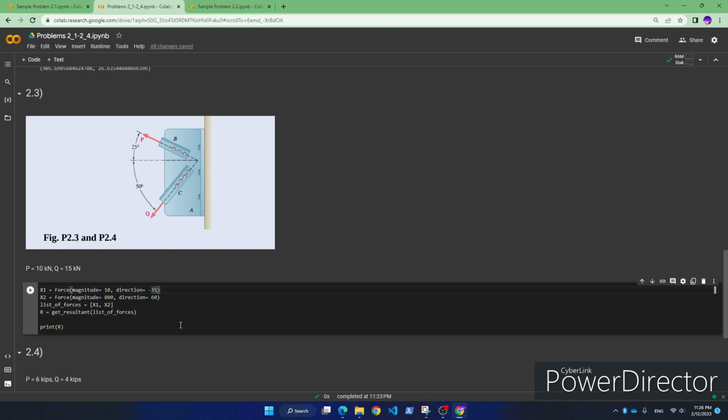So let's assume that this one is positive and this one is negative, and we know that this is our convention, so we're gonna stick with it to understand the resultant.